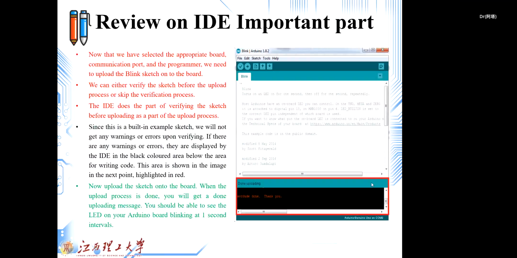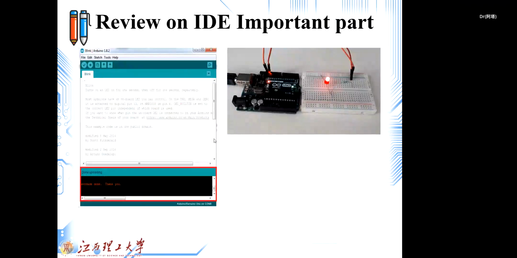Then again, I mentioned here, suppose there was some error that you will see, and when you do the compiling, you can see the words done compiling, which will give the message from Arduino to you that it is done. Okay, next again, let us see the Arduino blinking program that we run here.